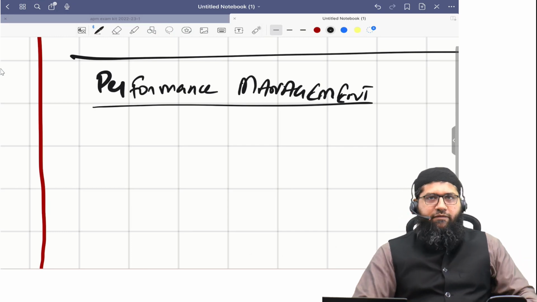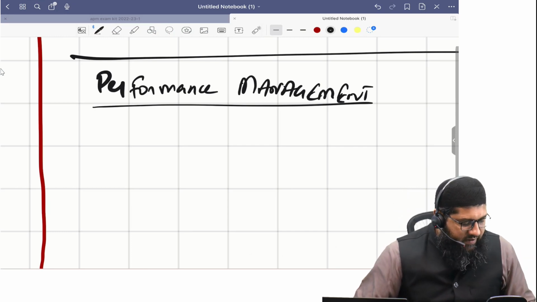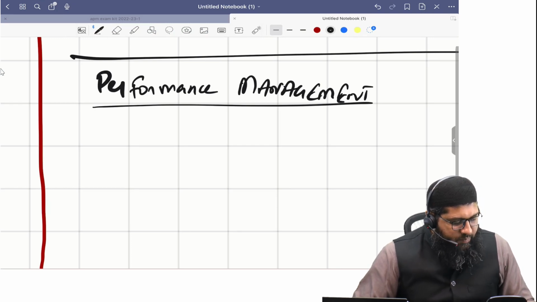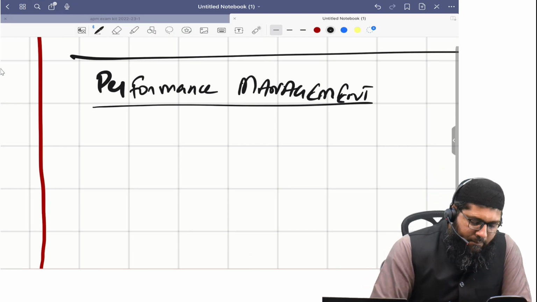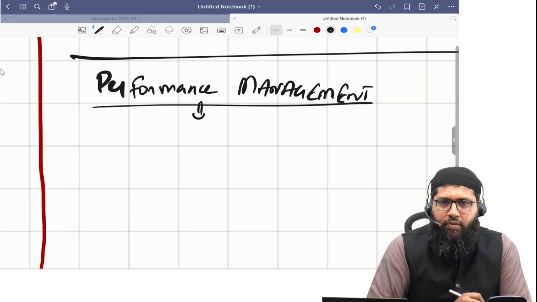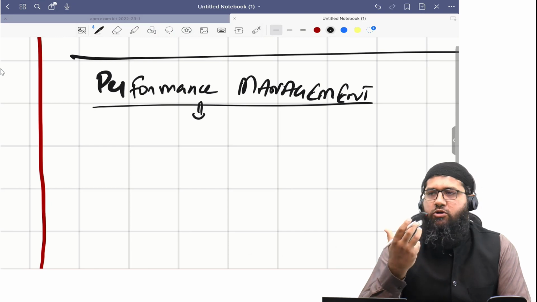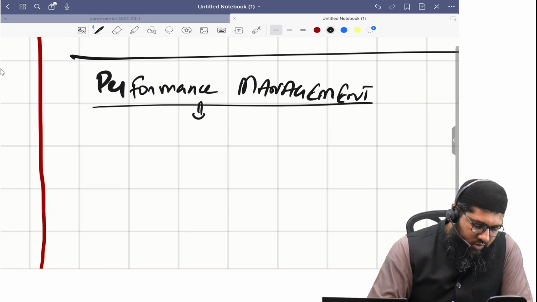With respect to performance management, what you need to understand is that it is not just about measuring the performance.